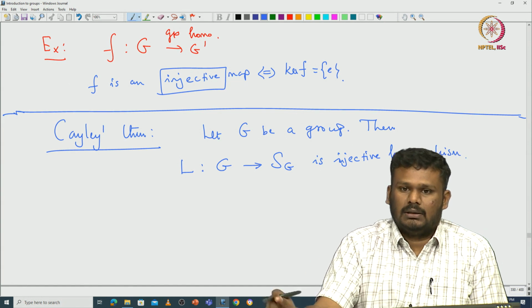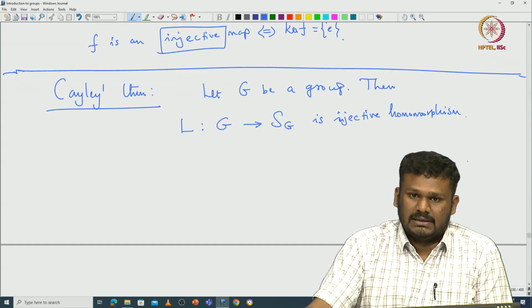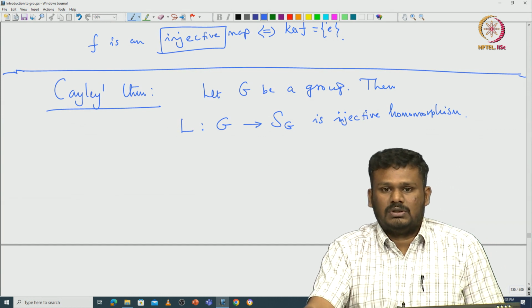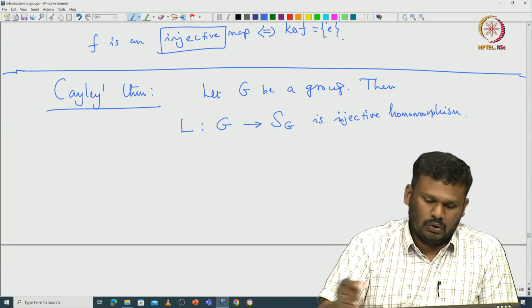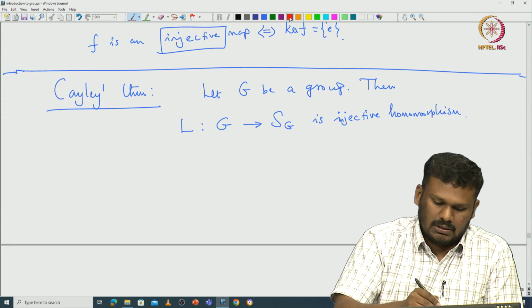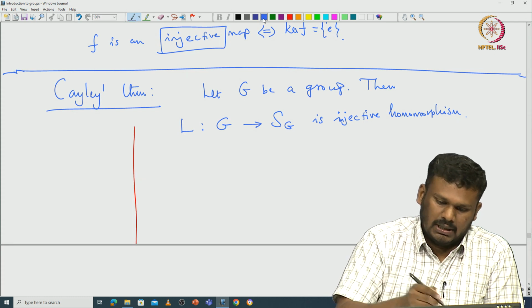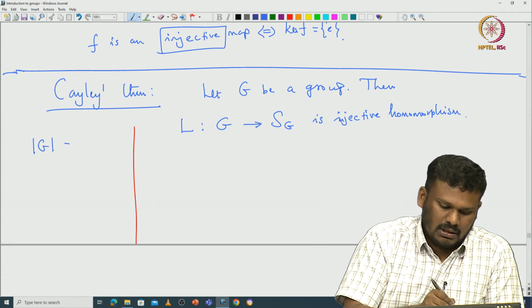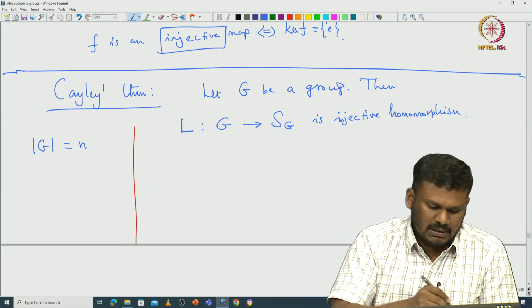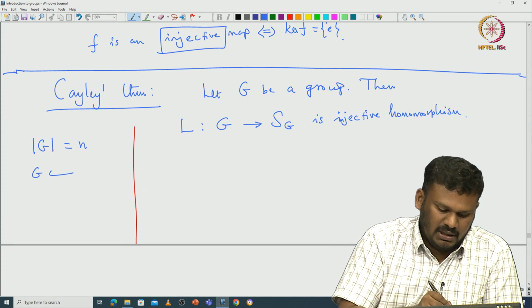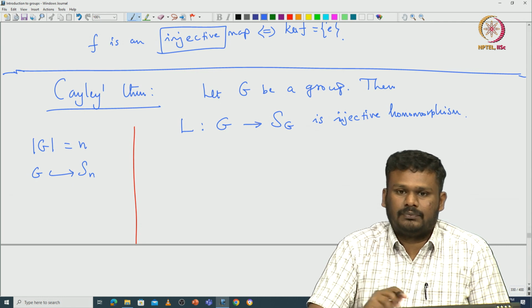This is called Cayley's theorem. For example, if you start with a finite group G of cardinality n, then G can be embedded inside S_n.